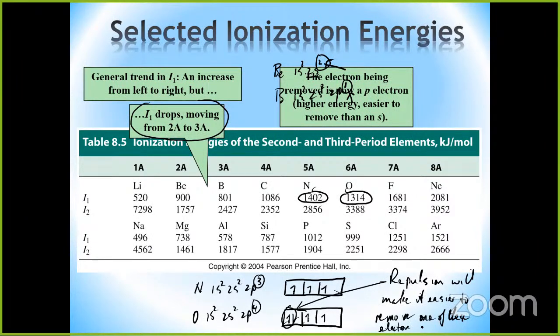And because of that, the first ionization energy of oxygen will be slightly lower than expected and slightly lower than nitrogen, right? So that explains the decrease in the first ionization energy going from nitrogen to oxygen.